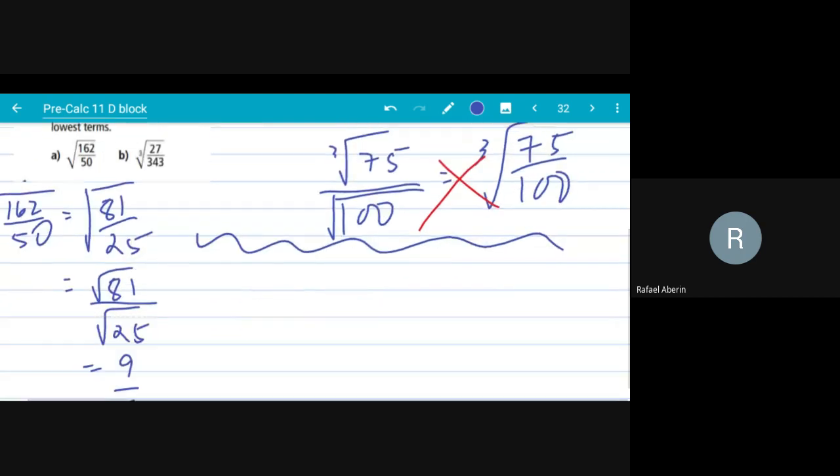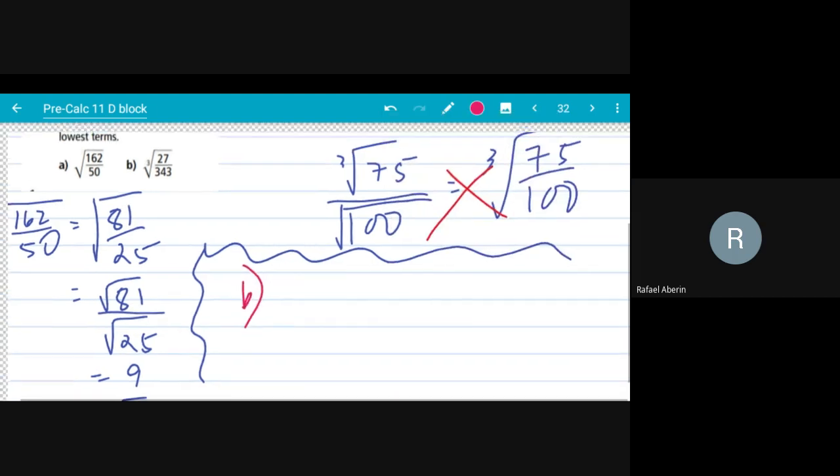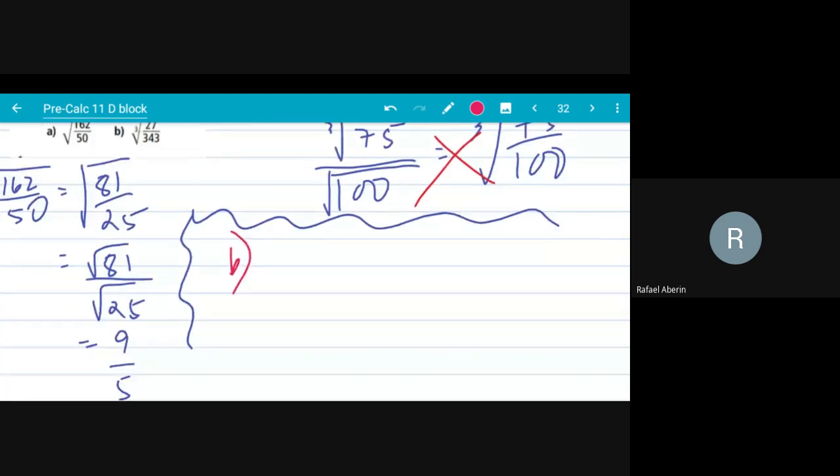What about the cube root of 27 over 343? All right, so let's do that. Part B, cube root of 27 over 343. Well, I don't think we can simplify this. You might think that, wait, the 27 can be divided by 3.